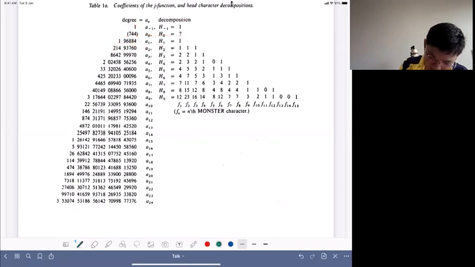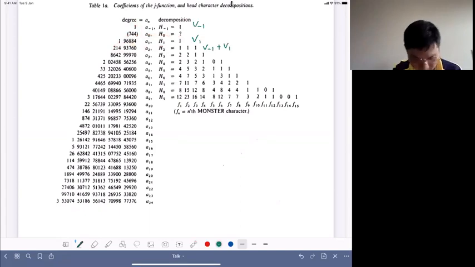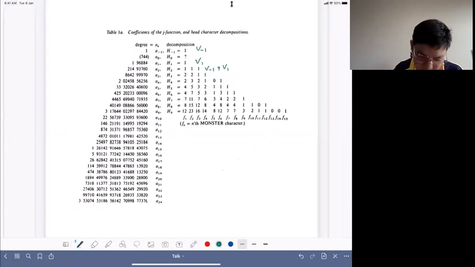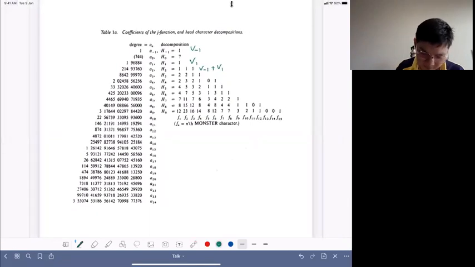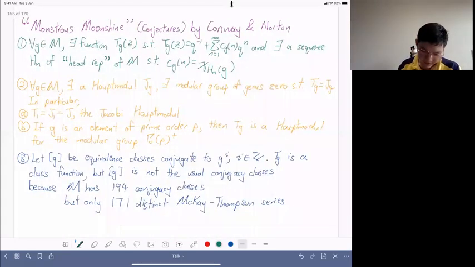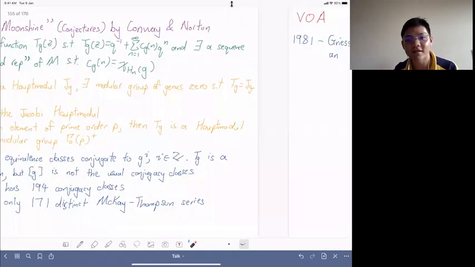Let's say this is V minus 1, this is V1, so this is V minus 1 plus V1, something like that. But actually, you can see that there are 194 conjugacy classes in M, but there are only 171 distinct McKay-Thompson series. This is part of the conjecture.